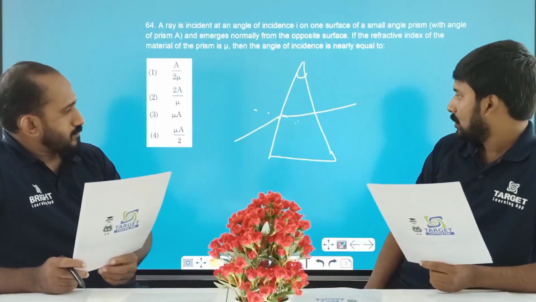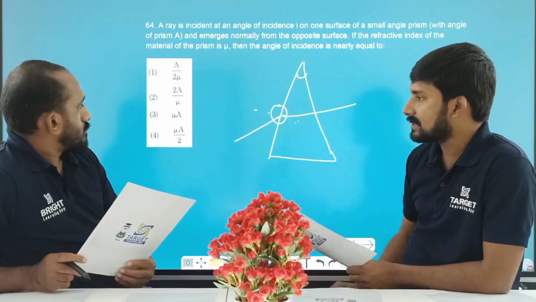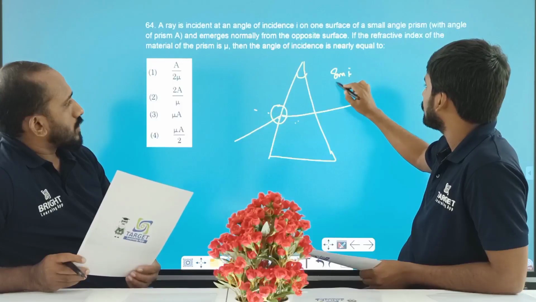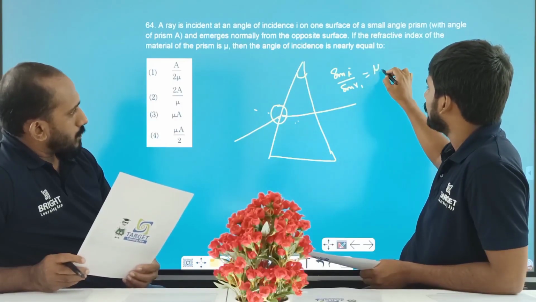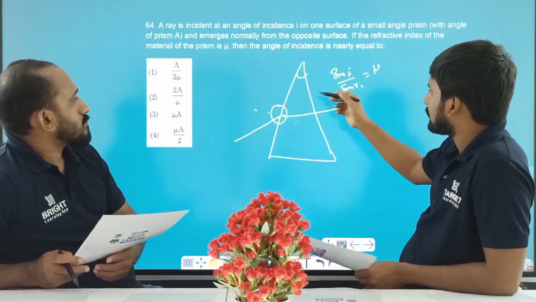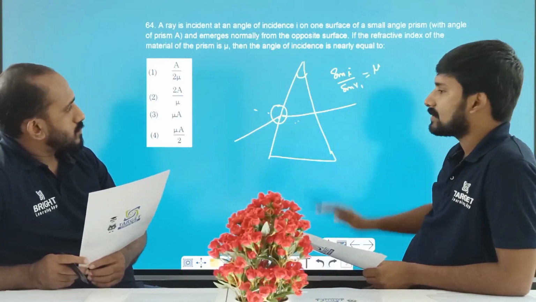We can use Snell's law at this surface: sin I by sin R1 is equal to the refractive index mu of the prism. This is a small angle prism, so sin I is approximately I, and sin R1 is also R1.